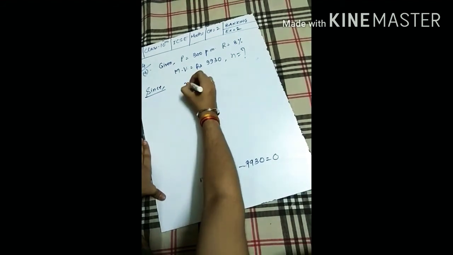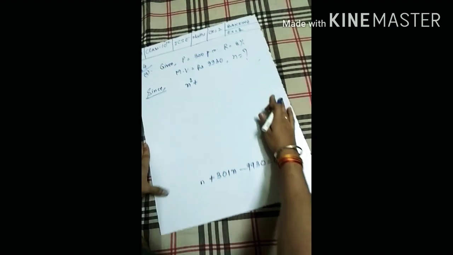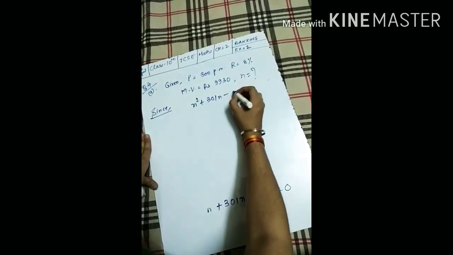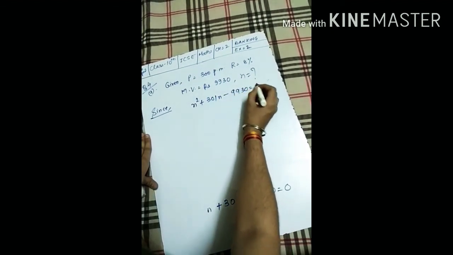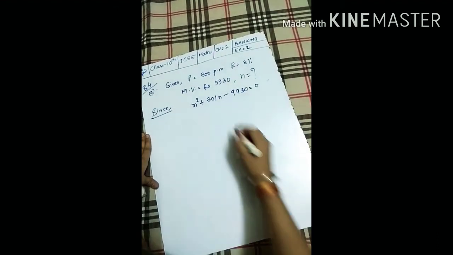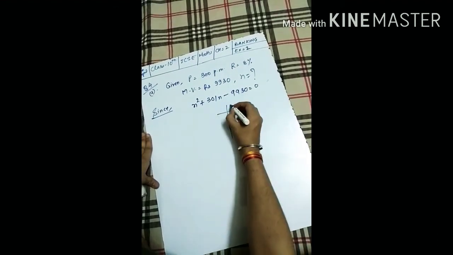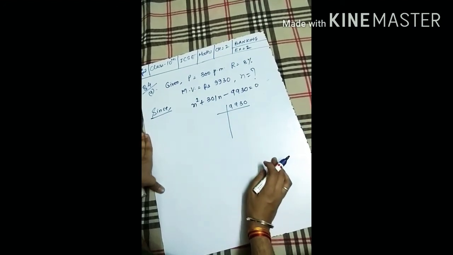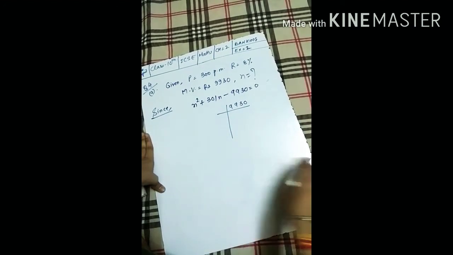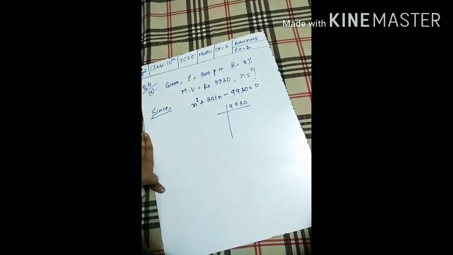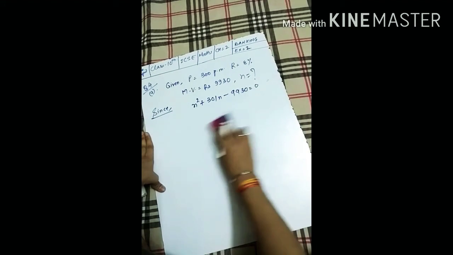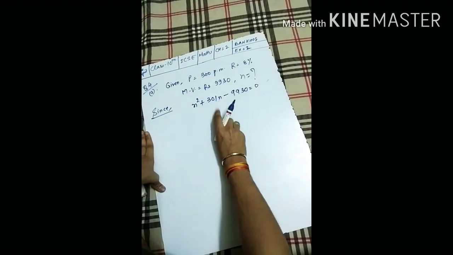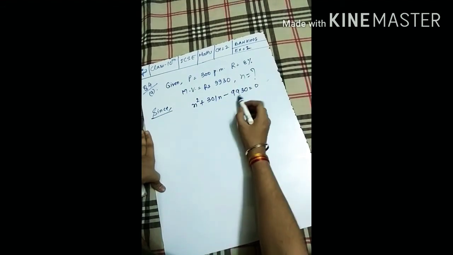Writing the equation here: n square plus 301n minus 9,930 equal to 0. We break this 301 in such a way that on multiplying we get this number.